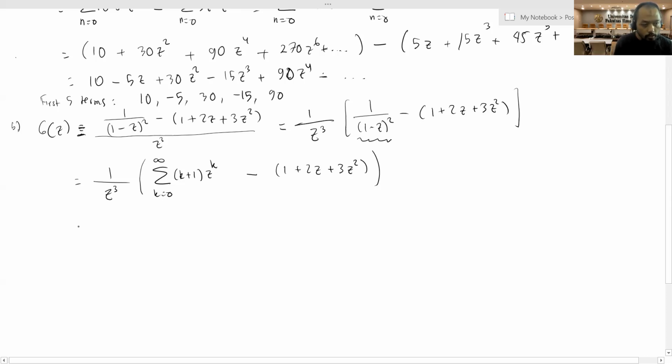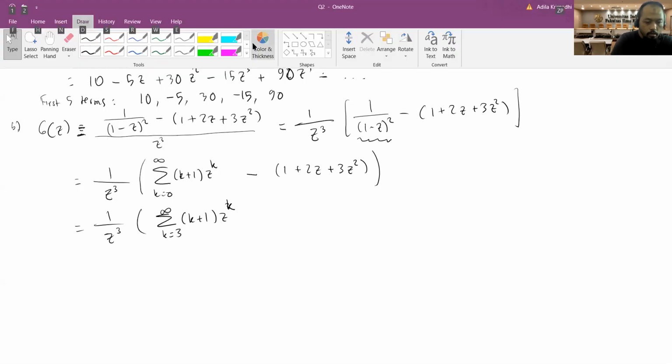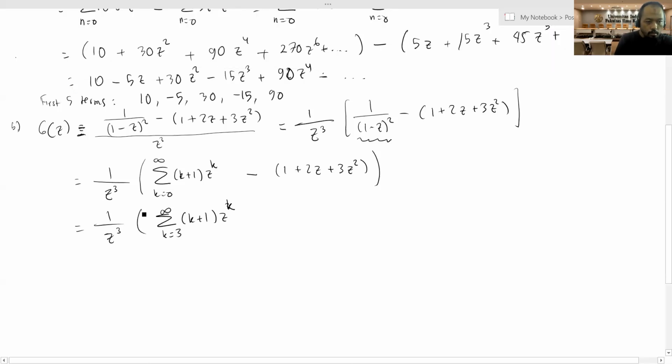So essentially, this gives us sum k from 3 to infinity k plus 1 z to the power of k, right? Now that's our summation.